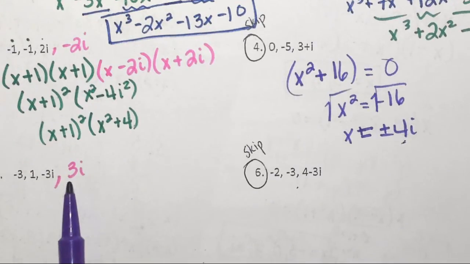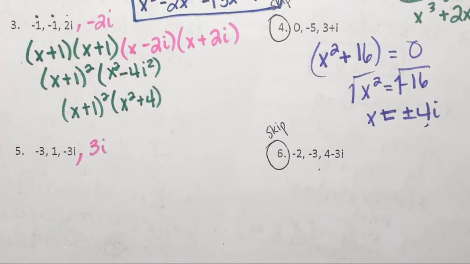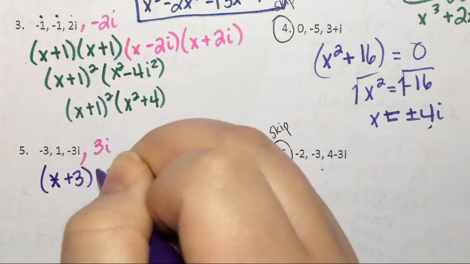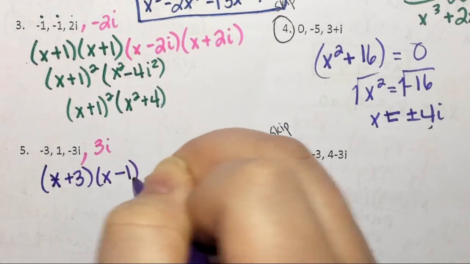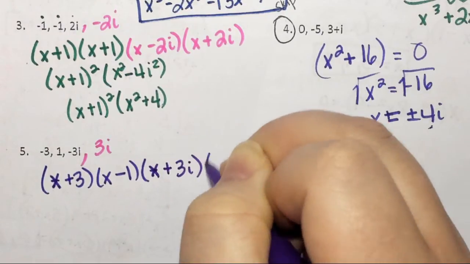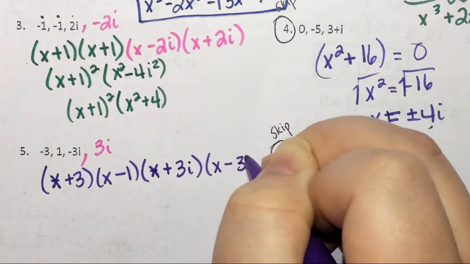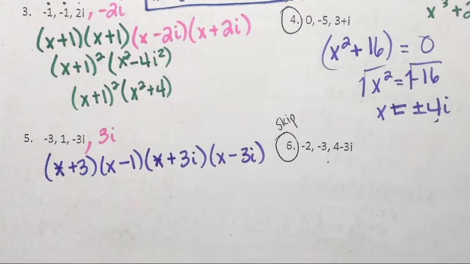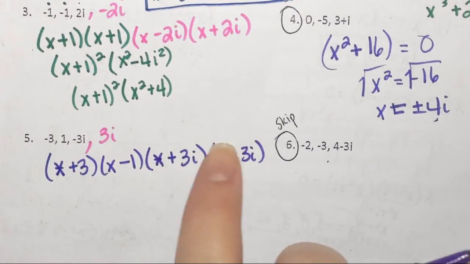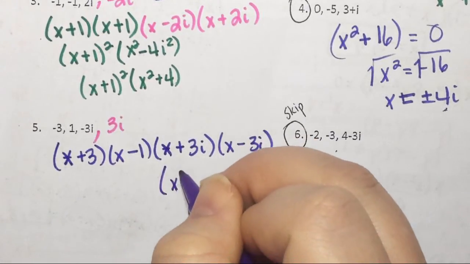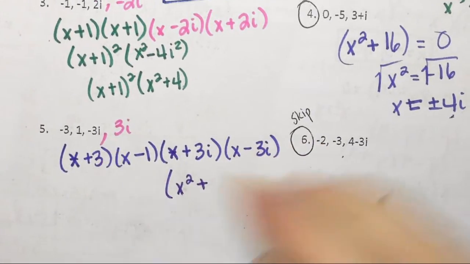So on this next one, I could do x plus 3, x minus 1, x plus 3i, x minus 3i. And again, if Paige FOILs this all the way out, she's going to end up at the same thing as me. But I normally don't bother with that line because I'm smart enough to realize it's always going to end up being x squared plus 3 squared is 9.